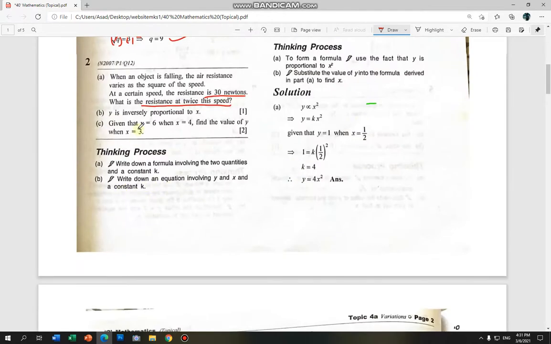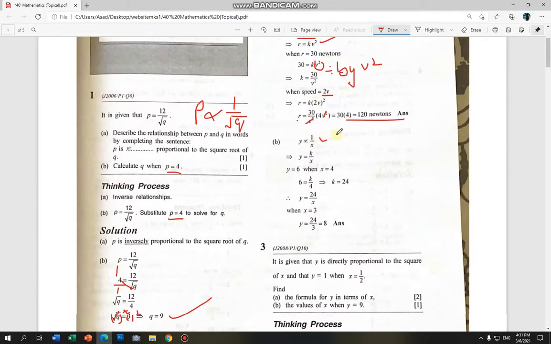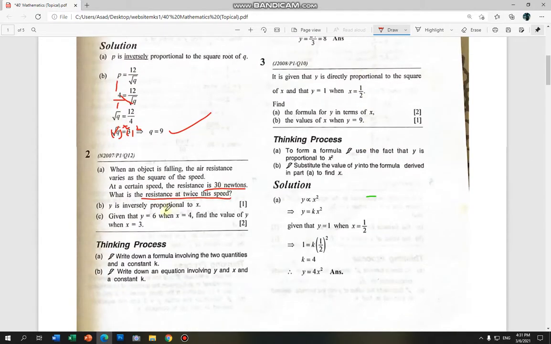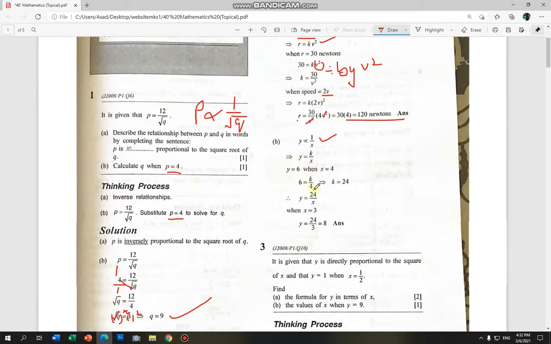Now in the second part, given that Y is inversely proportional to X, Y is inversely proportional to 1 over X, and the values are given here. Y is equal to 6 when X is equal to 4. Putting these values in this equation, cross multiplied, K is equal to 24.